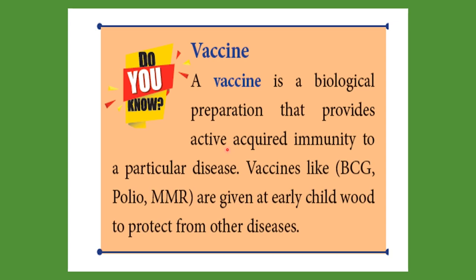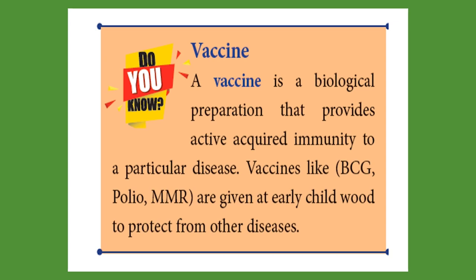At the same time, nowadays children are given different vaccines at different stages right from day one of birth to prevent diseases. Examples: BCG for tuberculosis, polio drops for polio, oral polio drops, then MMR for measles, mumps and rubella. It is a viral disease, and these are given in early childhood.